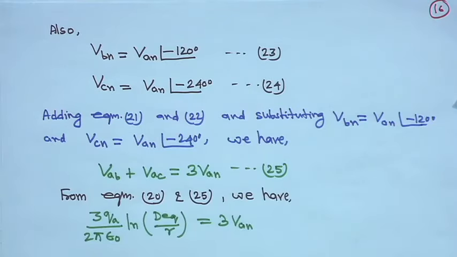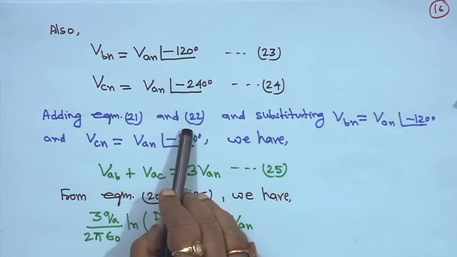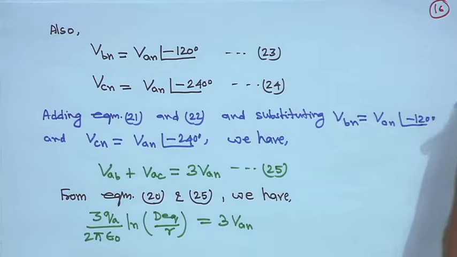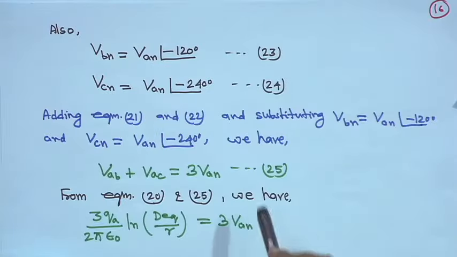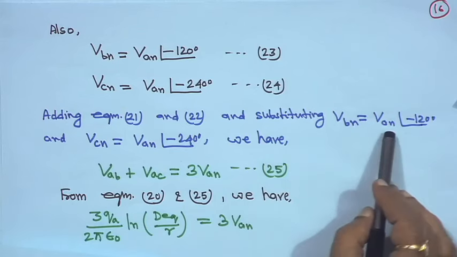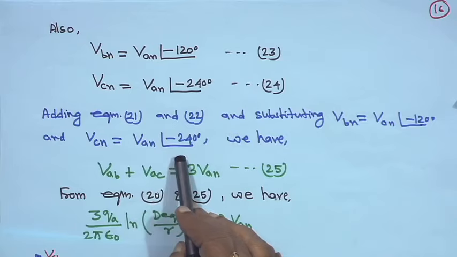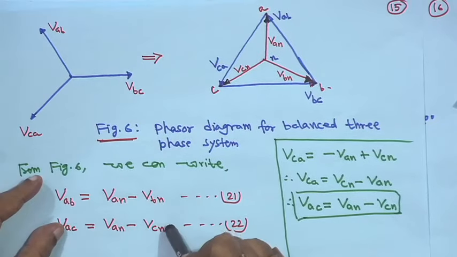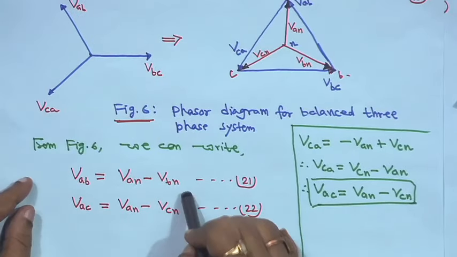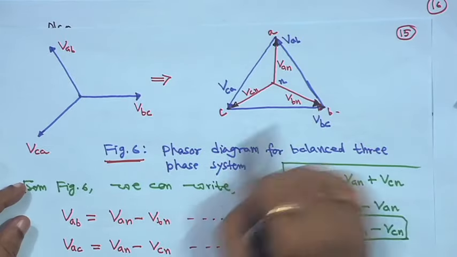Therefore, adding equations 21 and 22, these two equations you add, and substituting VBN is equal to VAN angle minus 120 degree and VCN is equal to VAN angle minus 240 degree. You substitute, add and simplify, this is your job, right. All these things we have discussed and explained.